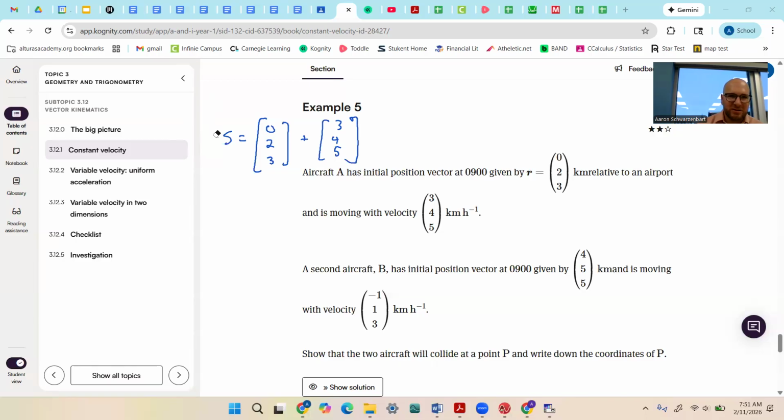Let's call it A, this is aircraft A. And B is given by this position plus its velocity times time. So essentially, I've just got two vector equations for lines, and they're going to intersect at some t, which will be a point P. So I'm going to set them equal to each other.